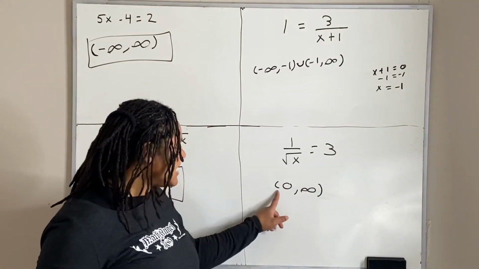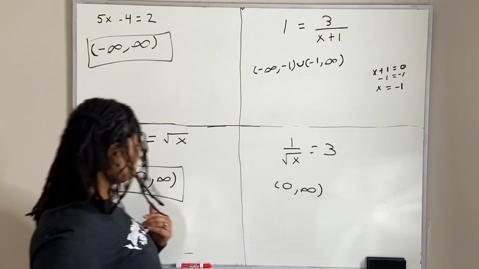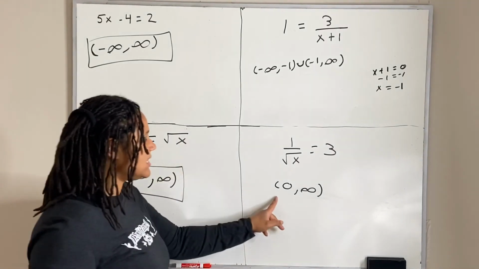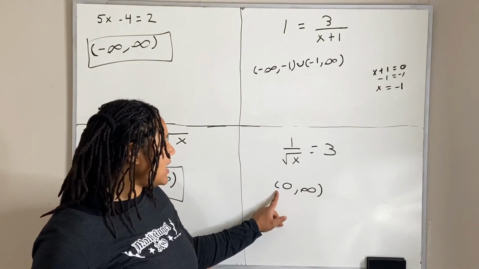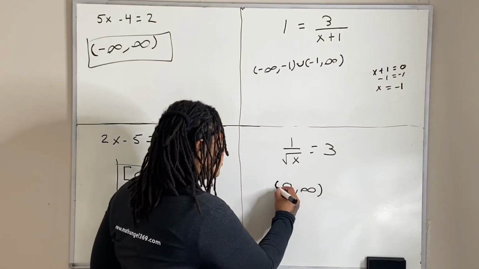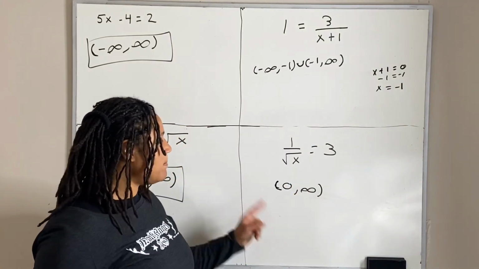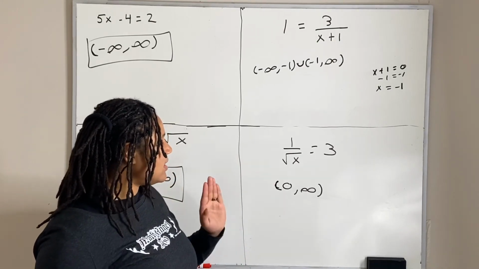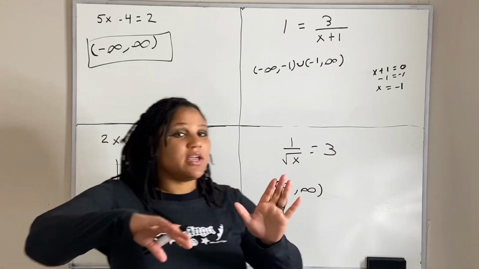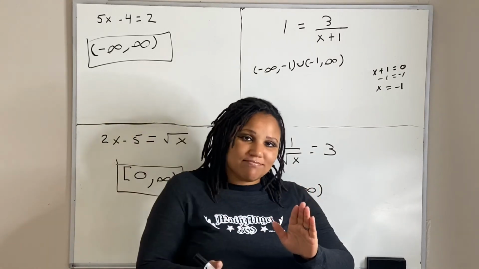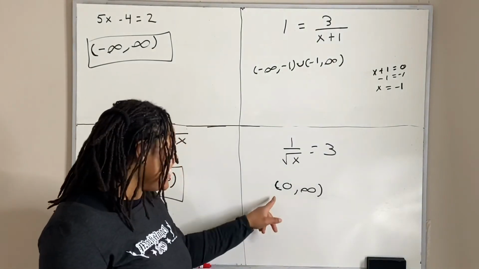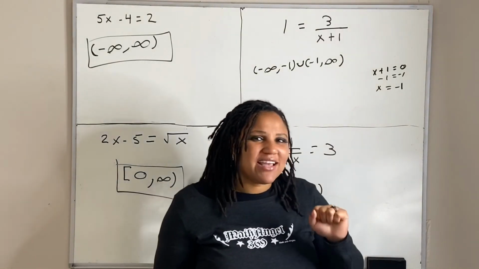Because we're not including 0 like we did over here. Before we could, because it was in the numerator. In this case, we cannot include 0, so we're going to use parentheses. So the domain in this problem is the set of all numbers starting from a little bit above 0 to infinity, right? Because we're not actually including the 0.